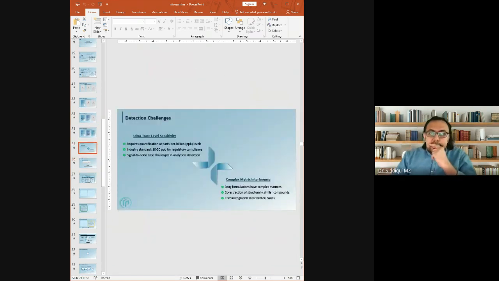So these are the analytical challenges. In the case of nitrosamine impurities, the detection is not easy. It requires the ppb level, with signal-to-noise ratio challenges in analytical detection also. At ppb ranges, analytical noise, matrix interference, and selectivity challenges can derail the method reliability.